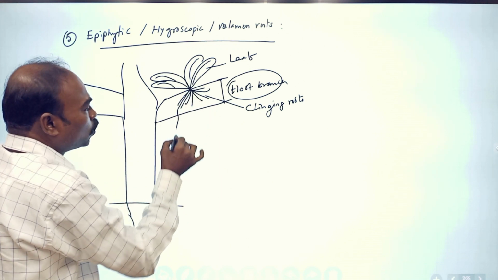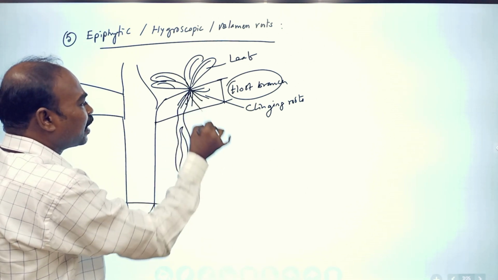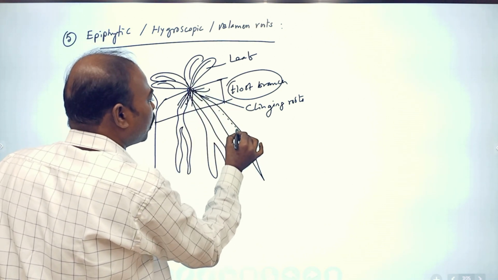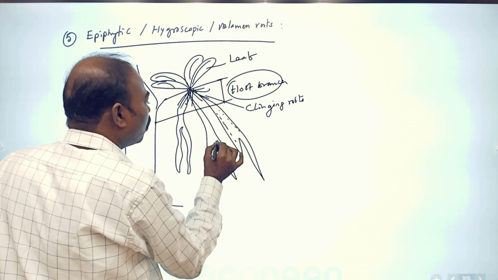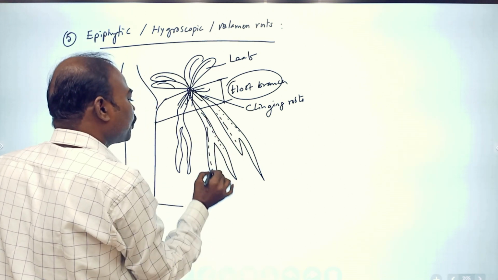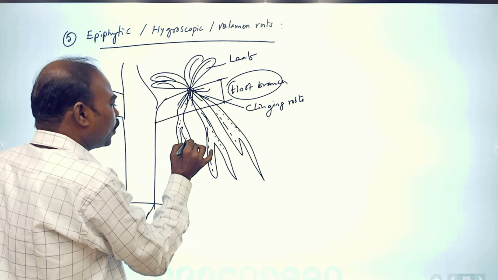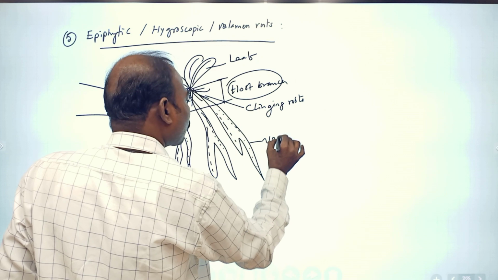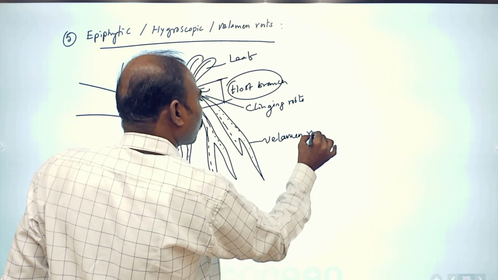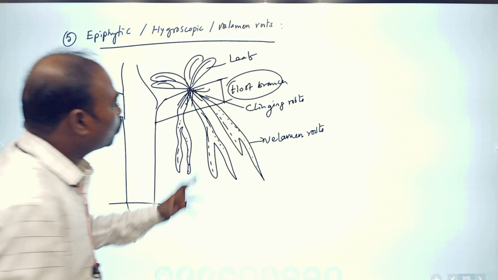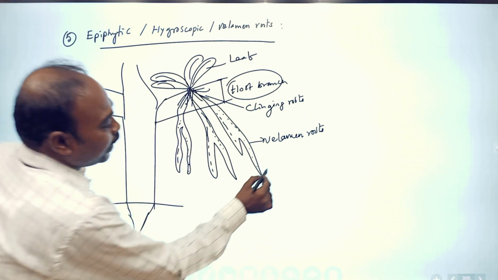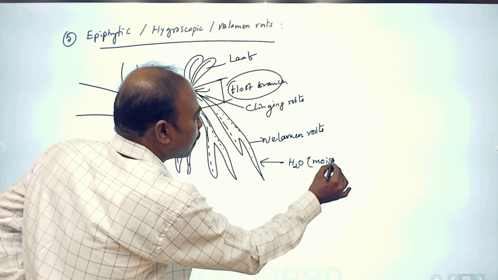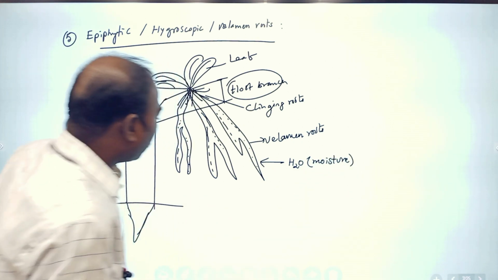And a modified root develops which is freely hanging and branched. These roots are called velamen roots. They have a tissue called velamen tissue, through which these hanging roots can absorb moisture from the atmosphere, not from soil.